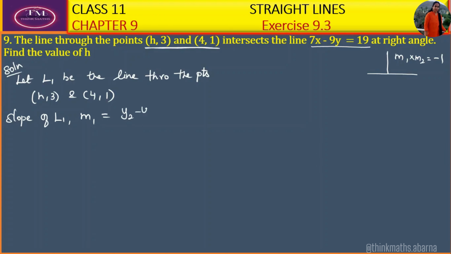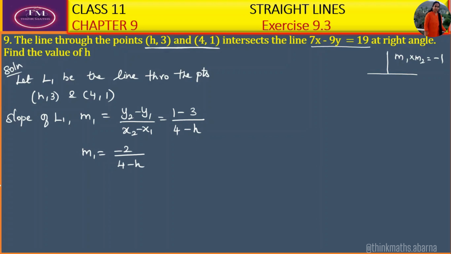It is Y2 minus Y1 divided by X2 minus X1. So what is Y2 here? It is 1. Y1 is 3, divided by X2 is 4 and X1 is h. So M1 equals 1 minus 3, which is minus 2, divided by 4 minus h.